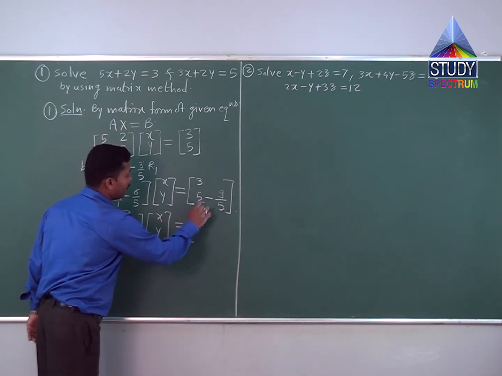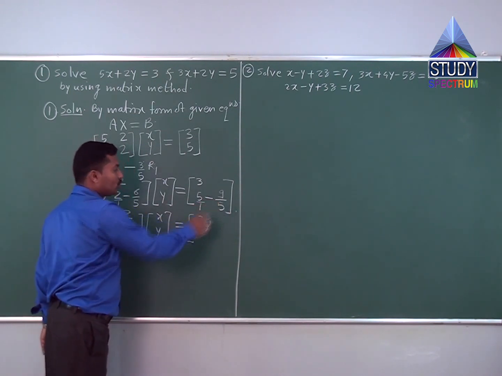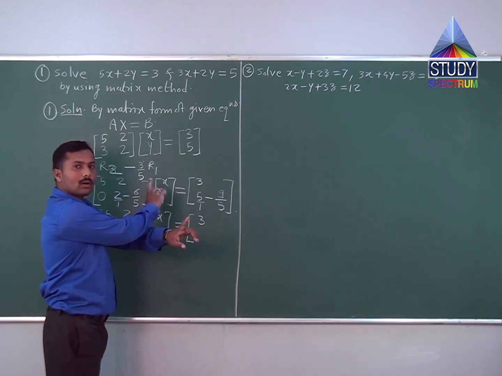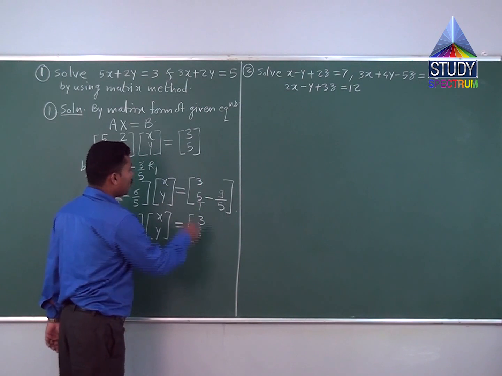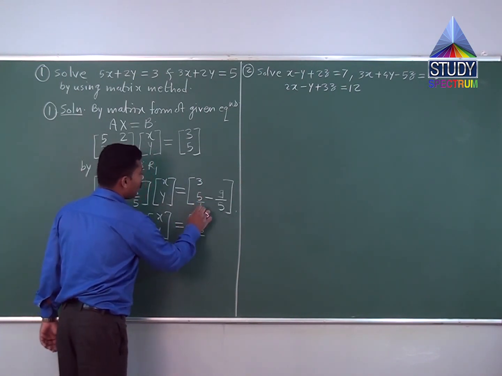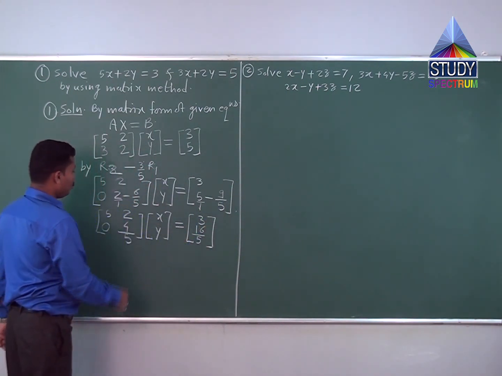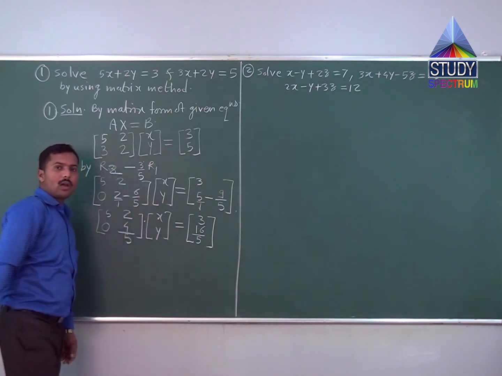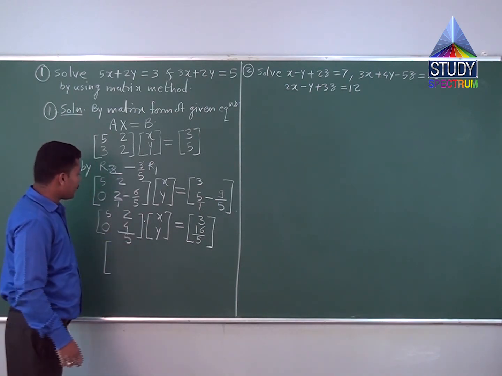Again we simplify: the denominator here is 1, here the denominator is 5, so the denominators are not the same. So for subtraction we do cross multiplication. So 5 into 5 is 25, 25 minus 9 is 16, upon 1 into 5, 5. So this is one matrix into this column matrix.